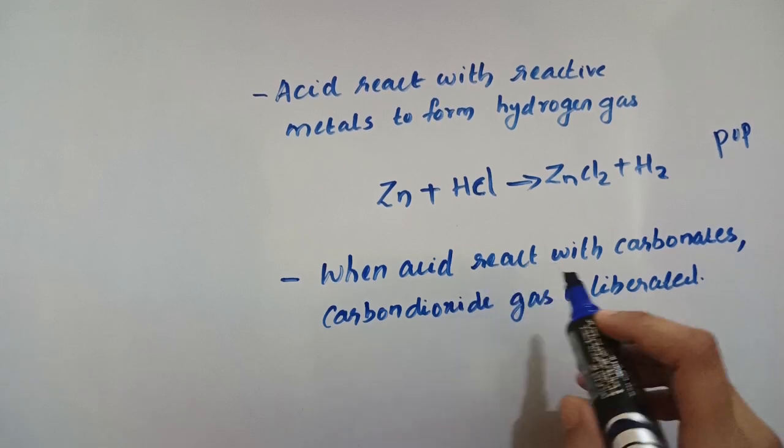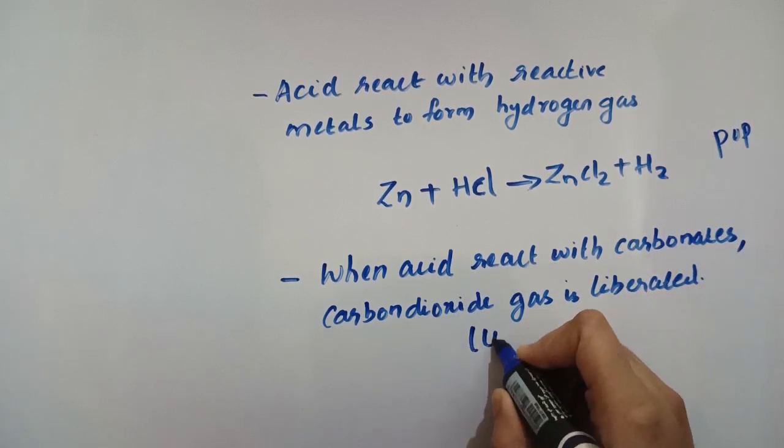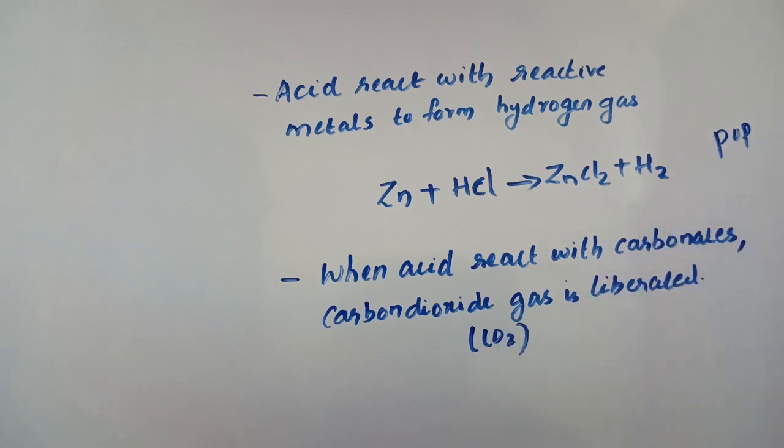Similarly, when acid reacts with carbonate, carbon dioxide gas is liberated, as we said. To show this reaction, there is another example in the textbook: take some calcium carbonate in a boiling tube. Add dilute hydrochloric acid to it through a thistle funnel.